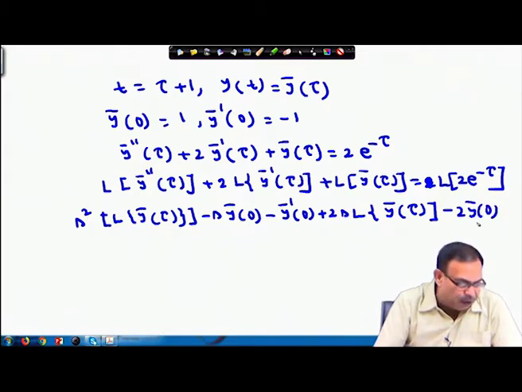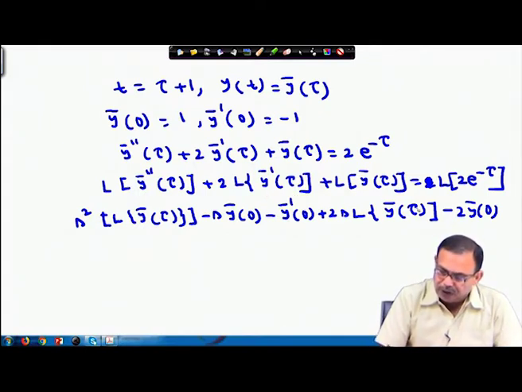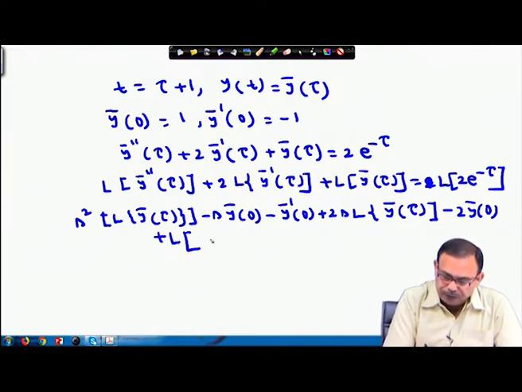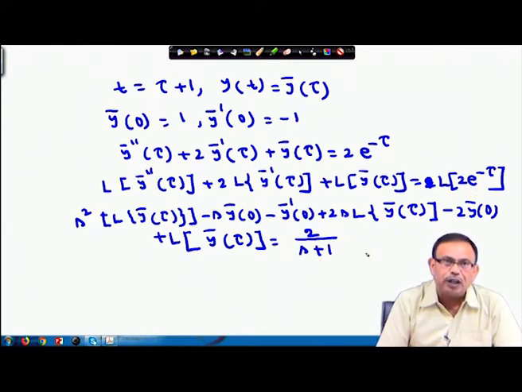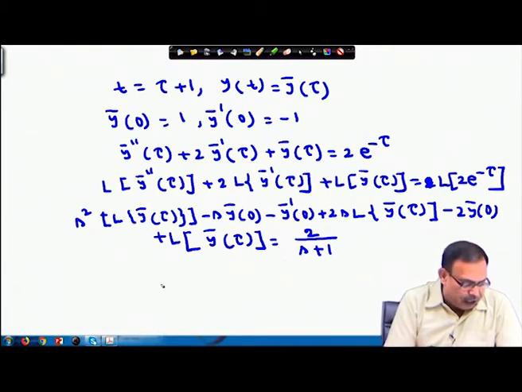This term is coming for the Laplace transform of y bar dash tau, minus 2 y bar 0, plus this term will come, plus the Laplace transform of y bar tau. This is equal to, for this, the Laplace transform of e power minus tau, which will be 1 by s plus 1. Now, substitute here the values of y bar 0 and y bar dash 0, then you will obtain an equation of this form.